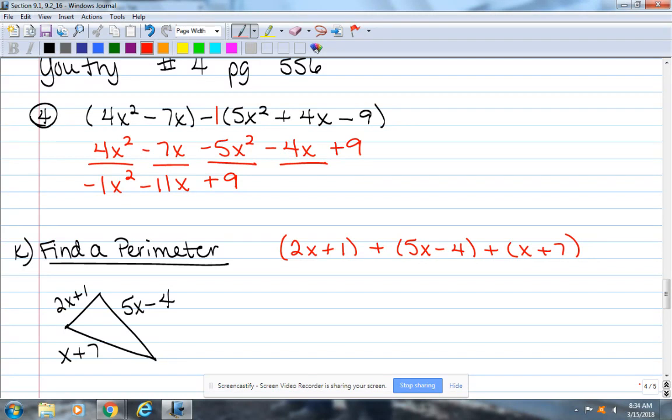So what is 2x plus 5x plus 1x? 8x. And then I have 1 minus 4 plus 7. 1 minus 4 is negative 3, and negative 3 plus 7 is positive 4. And they didn't tell me any units, but we know perimeter needs units, so we're just going to say units.